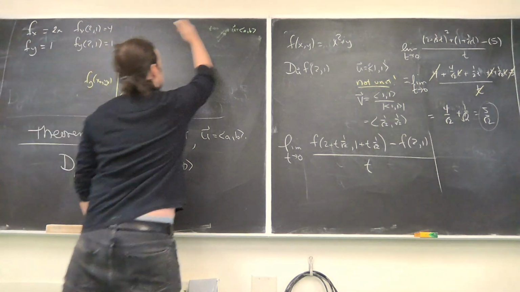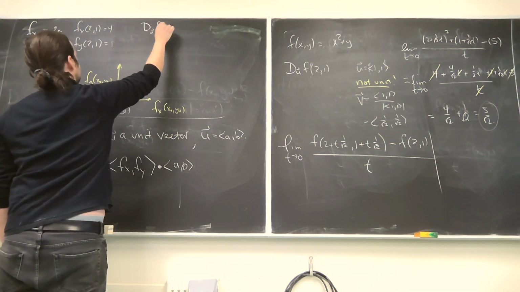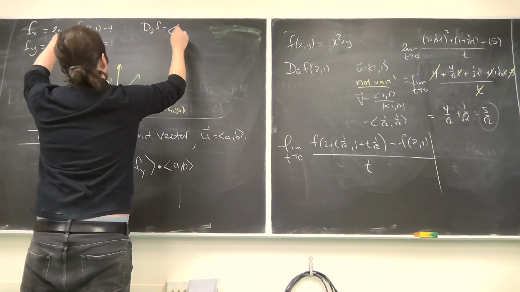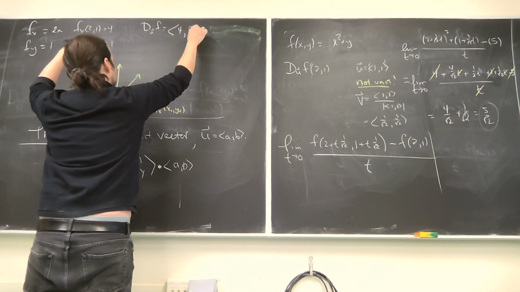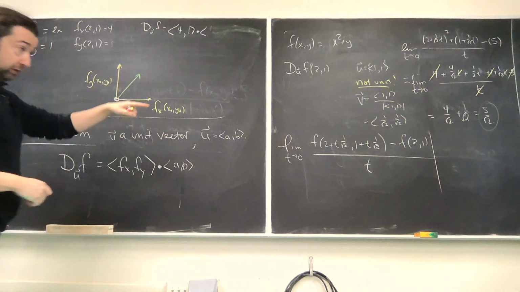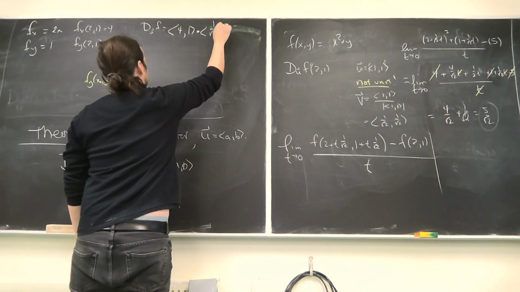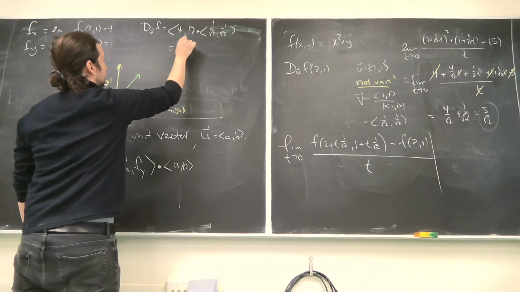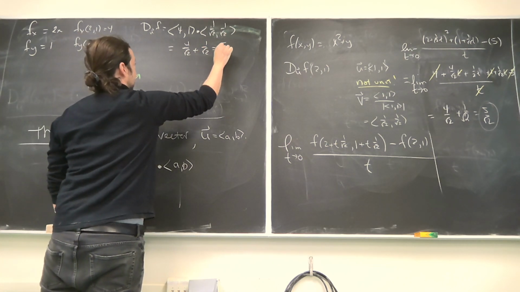And then the claim of the theorem is that the derivative of f in the direction u is equal to fx, which was 4, and fy at that point, which is 1, dotted with the unit vector (1 over root 2, 1 over root 2), which is 4 over root 2 plus 1 over root 2, which is 5 over root 2.